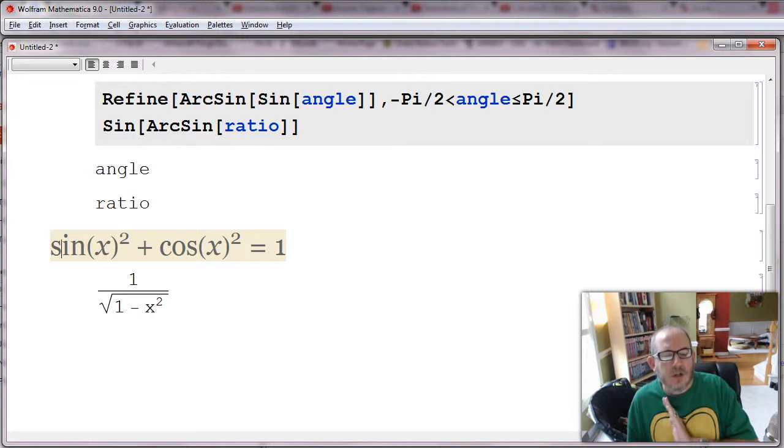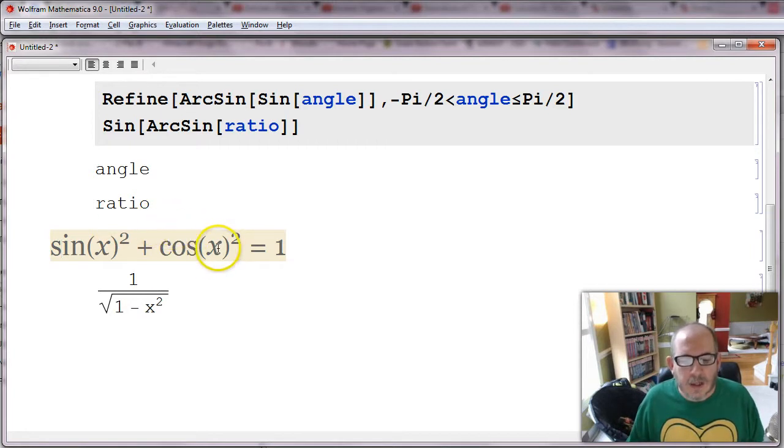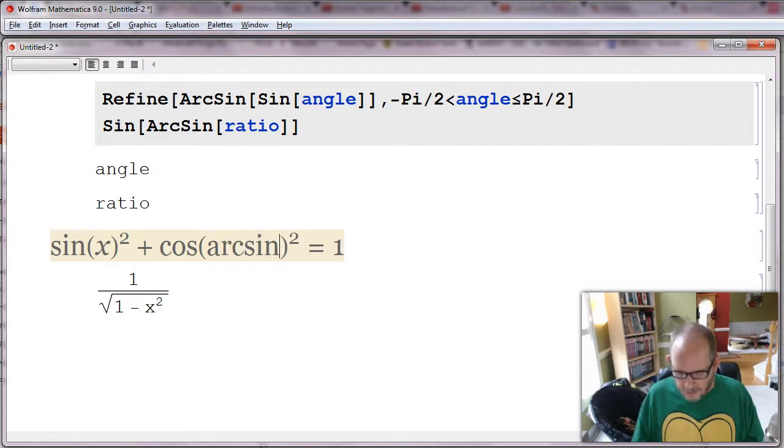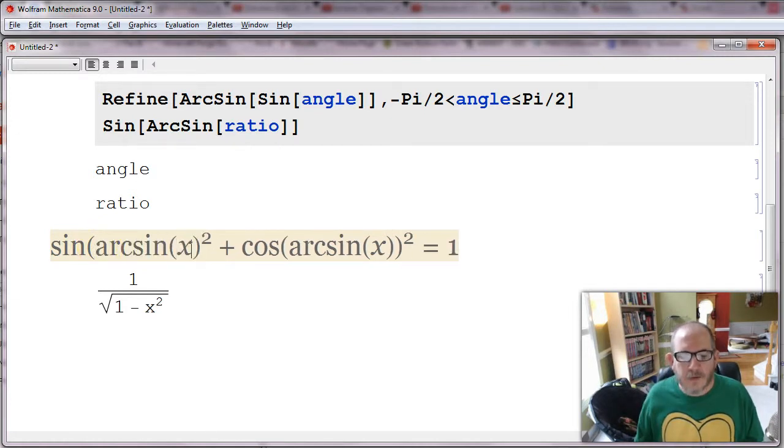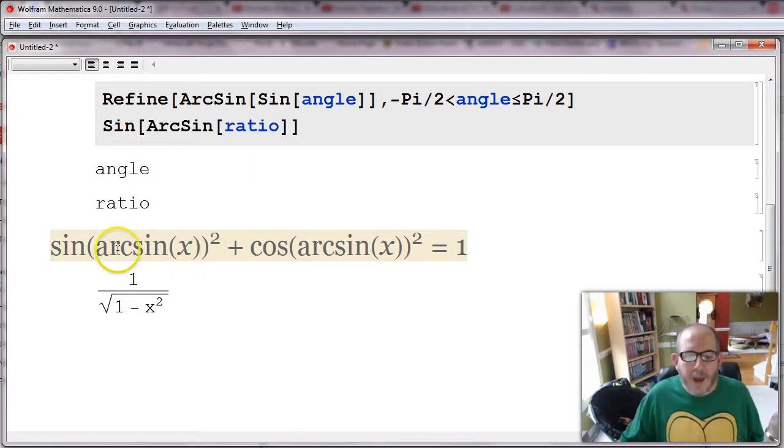So what if we stuck in there some value that we get an arc sine of some ratio? So instead of x, let's put in arc sine of x. That's going to be some number, whatever x is, arc sine of it will give me back some number. Now right off the bat, sine of arc sine of x, as we saw earlier, is well defined.